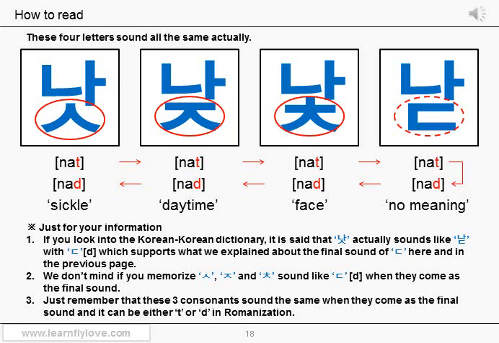We don't mind if you memorize that S, J, and Ch consonants sound like D when they come as the final. Just remember that these 3 consonants, S, J, Ch, sound the same when they come as a final, and it can be either T or D in romanization.